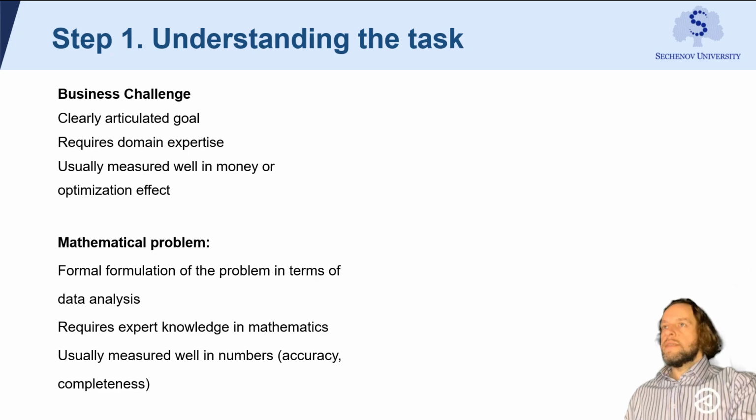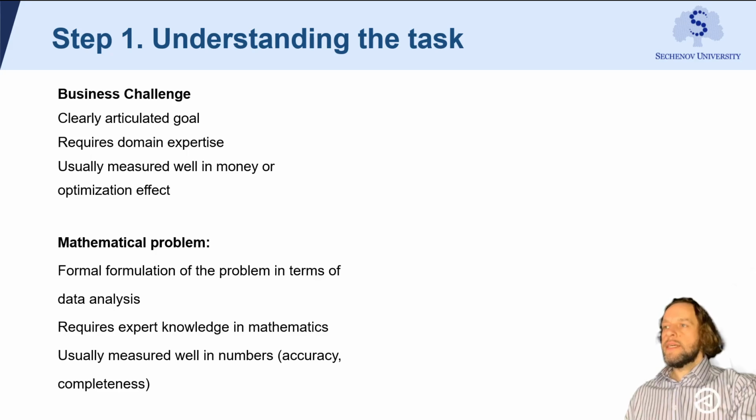And by understanding the task, we mean that the goal is clear for us, why we're analyzing this data. Of course, to understand the task, we need to have expertise in this knowledge domain. So, for example, to be able to assess data in a certain area of medicine, it's good if you have medical qualification in this area.